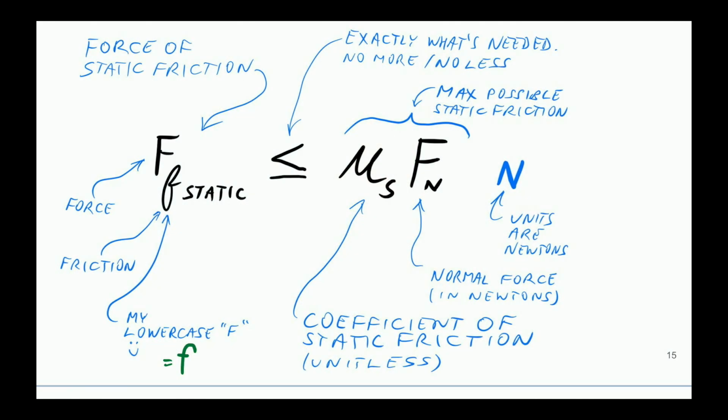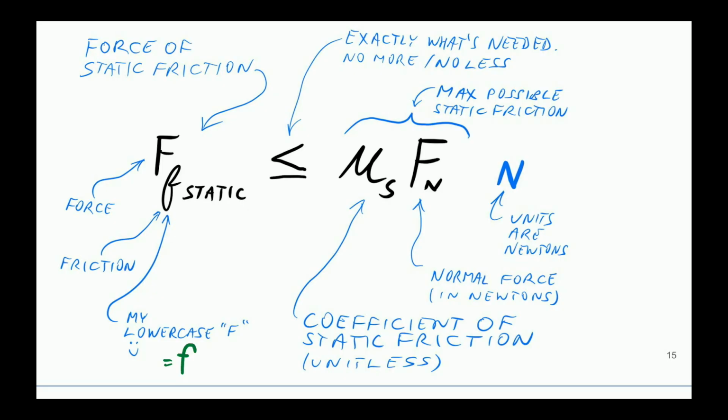Very easy to get those two mixed up. Try to keep those separate in your thought process, and you will do well, okay? So the less than or equal to says, in a given situation, you're not necessarily going to get the maximum possible, and you're probably going to get something less than that. Okay? So that's how that equation works.